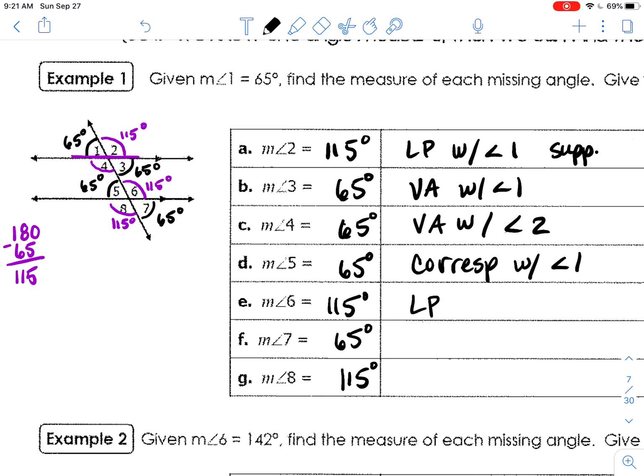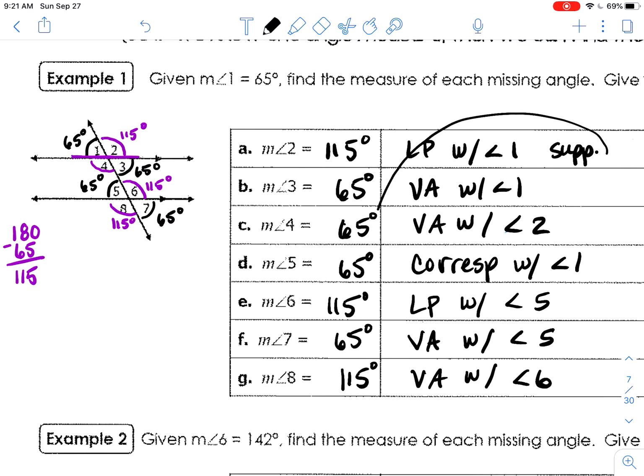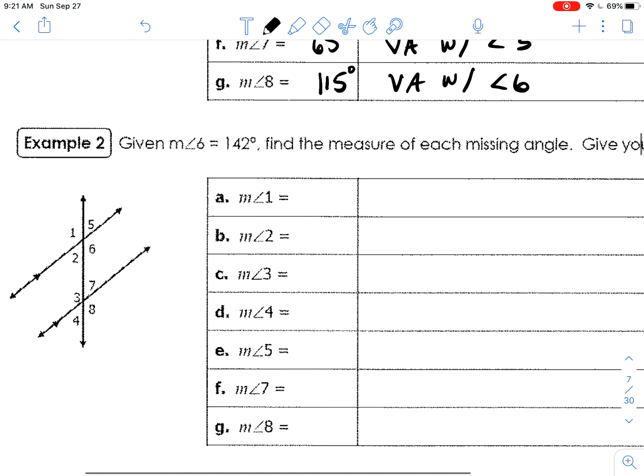And then 6, we could say that was a linear pair with angle 5. Angle 7 was vertical with angle 5. And angle 8, well, we can say that's vertical with angle 6. But like I said, these reasonings might be a little different on your page, just depending on how you justify.